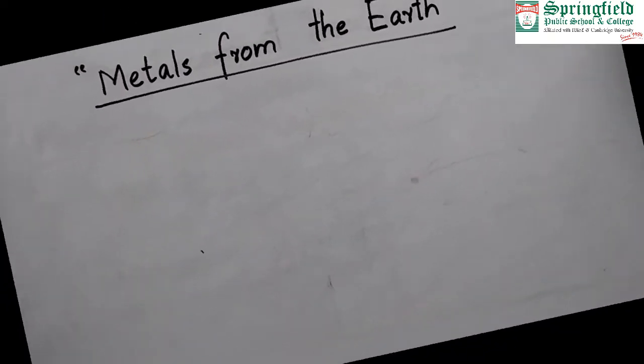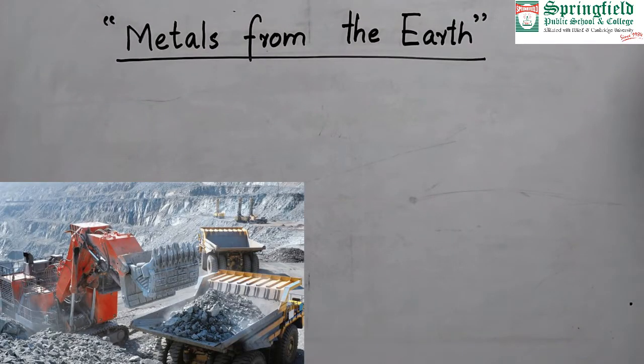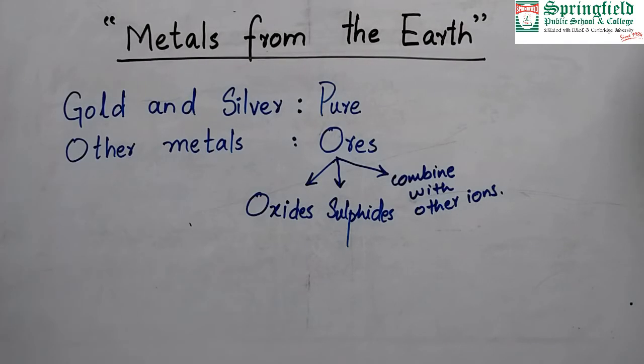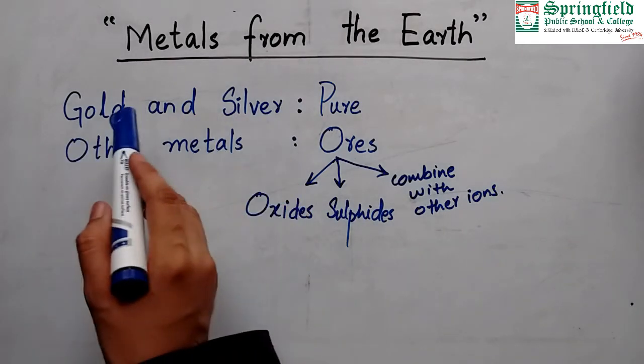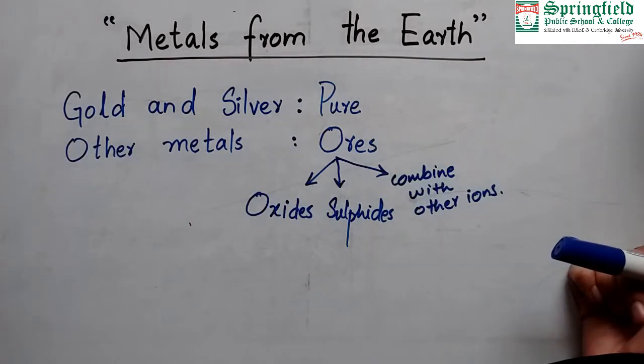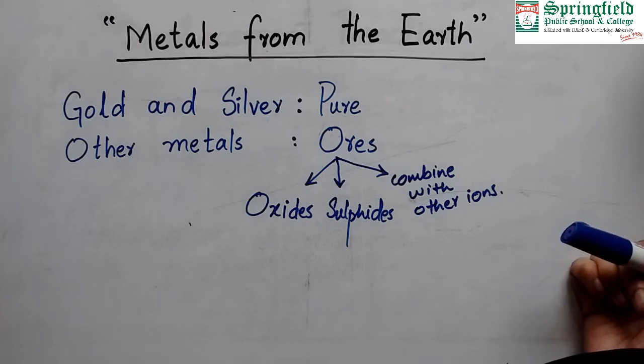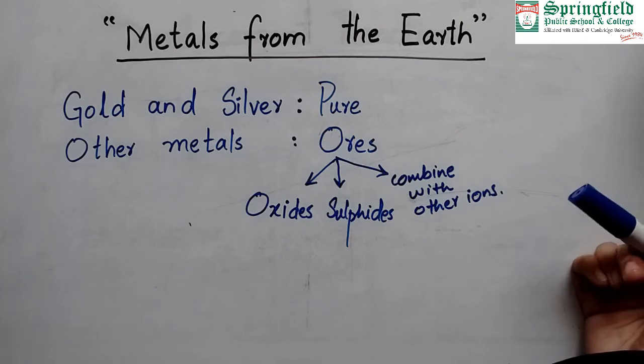Now there comes a question: from where do we get metals? So we get them from the earth, but how do we get them and in what form? In earth, all the metals are not present in their pure form. Only silver and gold can be found in their pure form, while all other metals which are more reactive react with the oxygen, sulfur, or any other ion present inside the earth or in the environment.